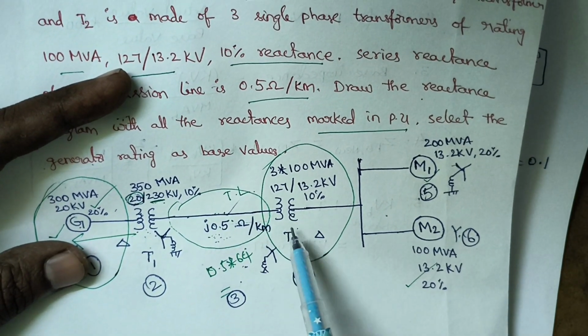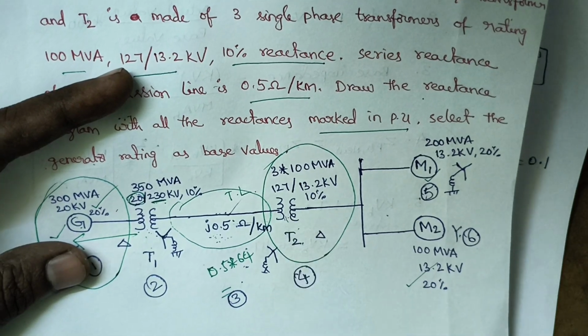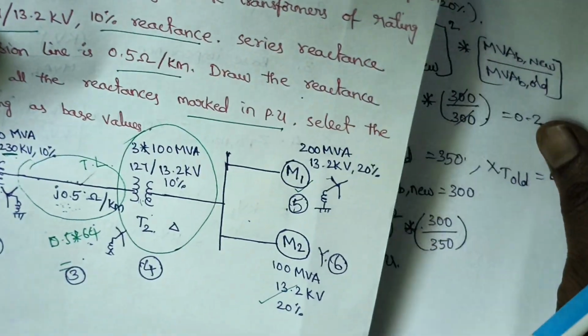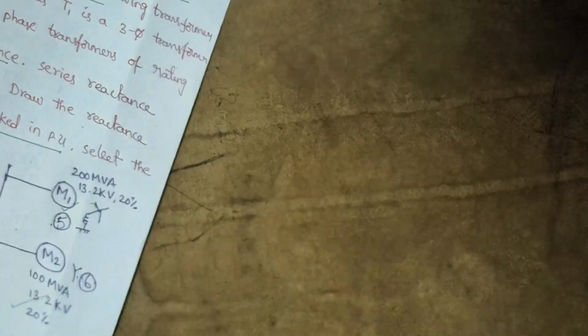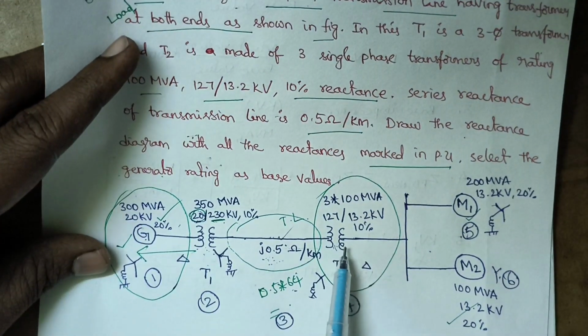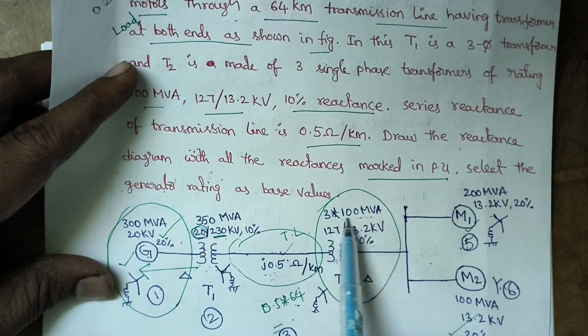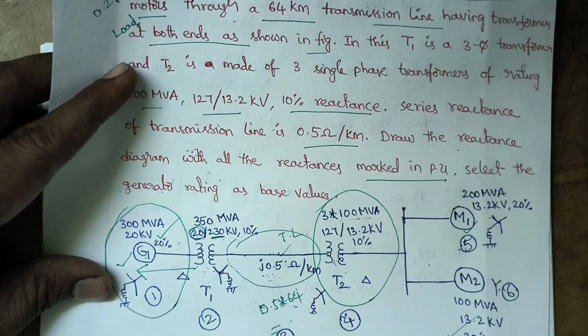Next I want to find the per unit reactance of the transformer, that is the second transformer. Here one small thing we need to observe: this second transformer is made up of three single phase transformers. Therefore, this rating is 300 MVA.